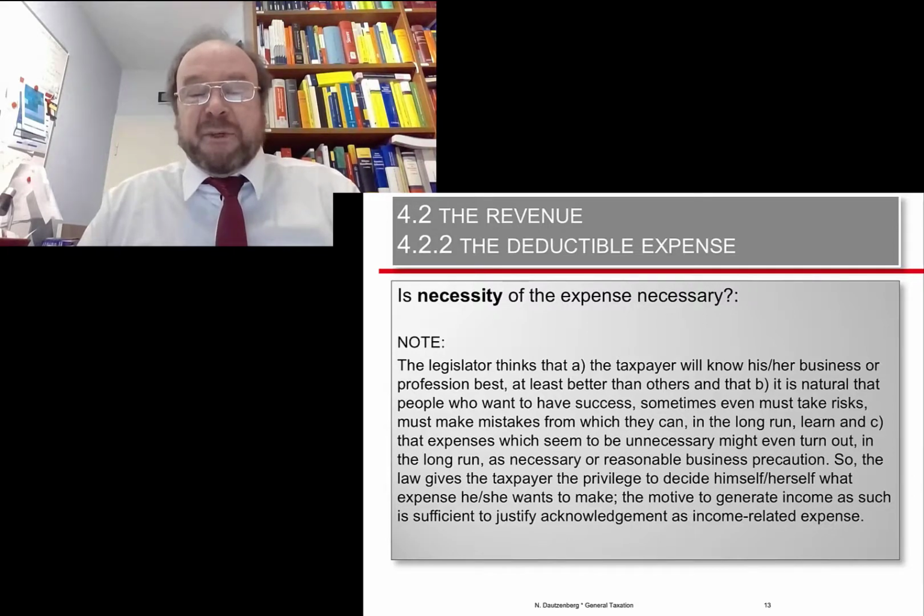You must take some risks, might even make unnecessary expenses and learn from that failure. In the long run, probably then you can earn more money because you made the necessary mistakes. And it might even turn out that spending money unnecessarily is a good business strategy.